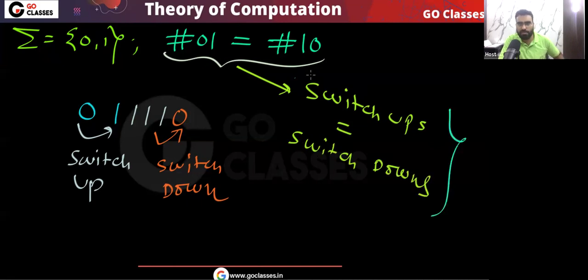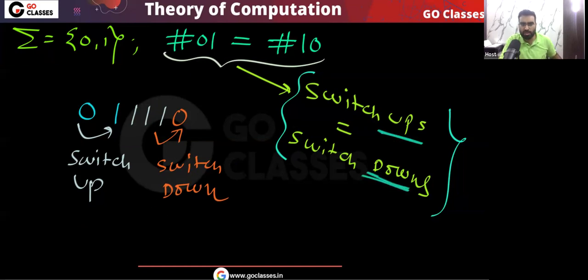Do you agree with me? Because however many 01 we have, that means switch up. Yes or no? And however many 10 we have, that is switch down. So switch up should be equal to switch down, basically up equal to down.